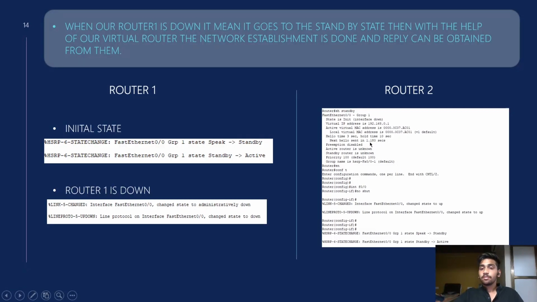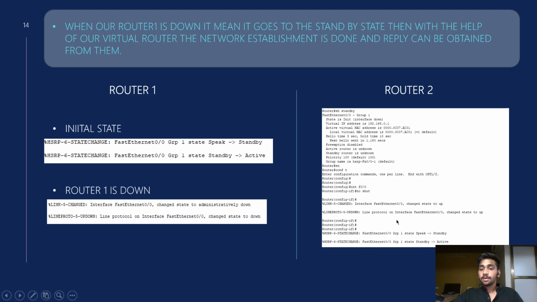Next hello sent in 1.1 seconds. As we can see, our hello is successfully delivered. Preemption is disabled, so we can't preempt, which means that we can't switch to another process while any process is ongoing.